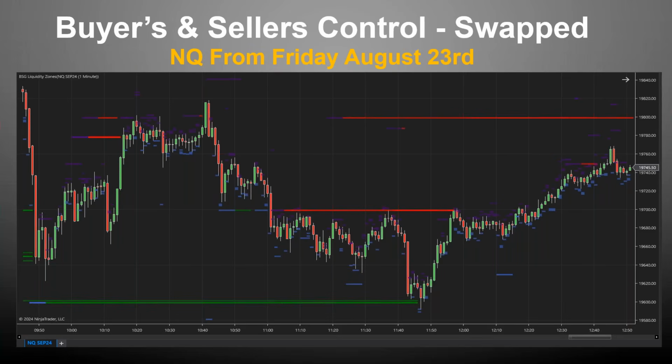I have one other confirmation, but I don't want to confuse you today. We'll get there eventually. If you want to learn complex structures and confluences, let's start with the basic foundation. This is how the breakout trade works.